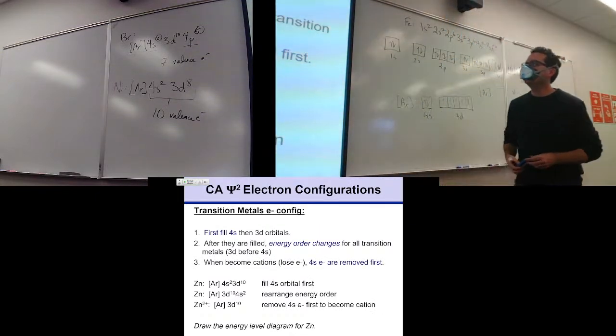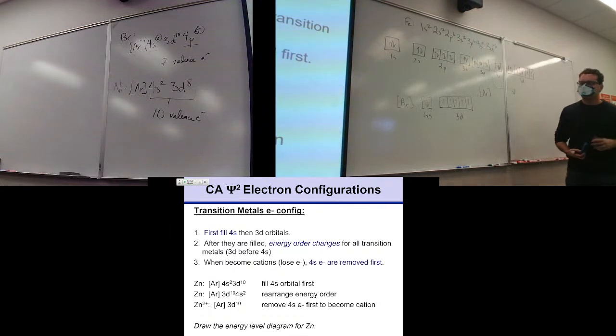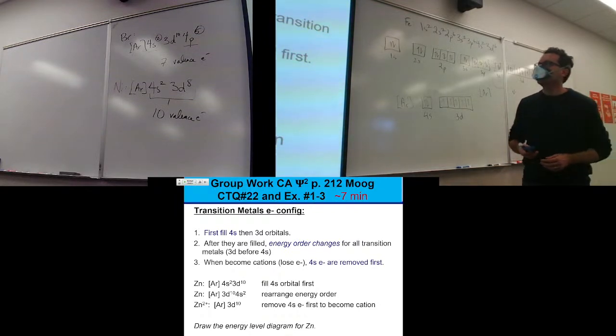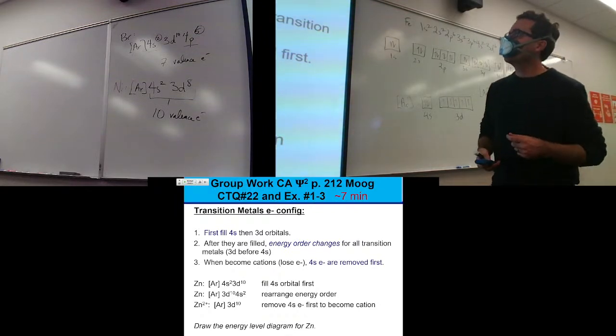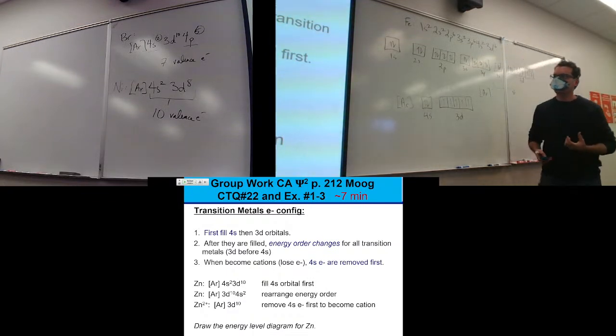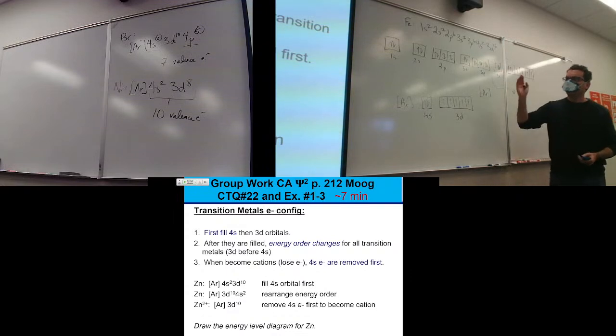Okay, so let's talk about some more unusual electron configurations. But when you do a transition metal electron configuration, you fill the 4s first and then the 3d. We've seen this already.